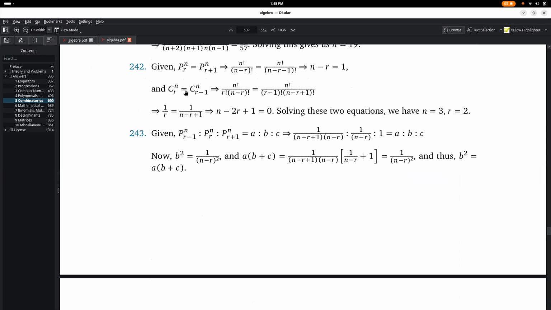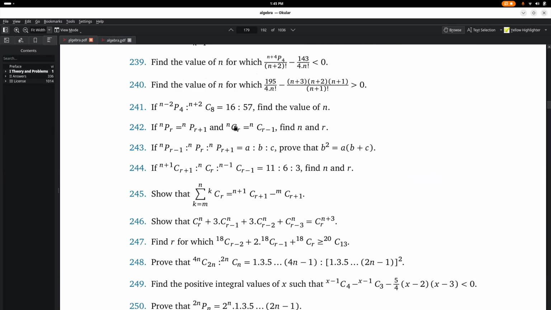And from nCr equal to nC(r−1), we get 1/r is equal to 1/(n−r+1), and by solving this, n−2r+1 is equal to 0. So we put n−r equal to 1 and we get 2−r is equal to 0.